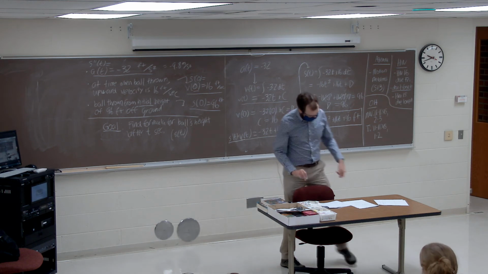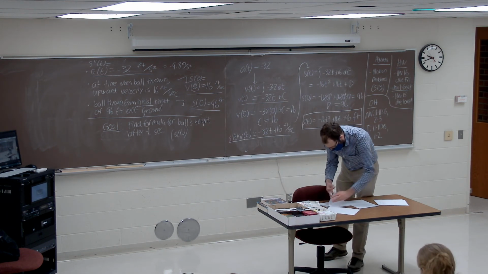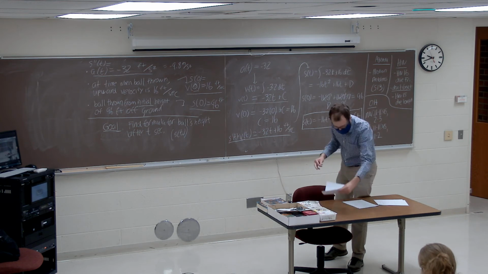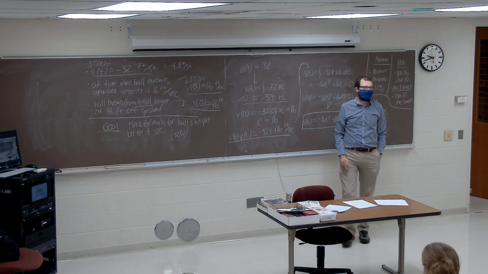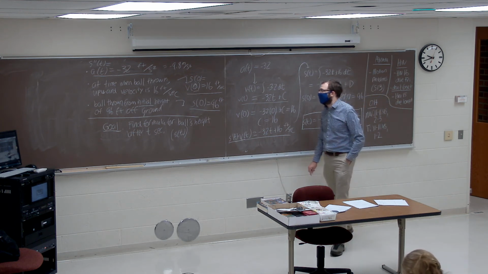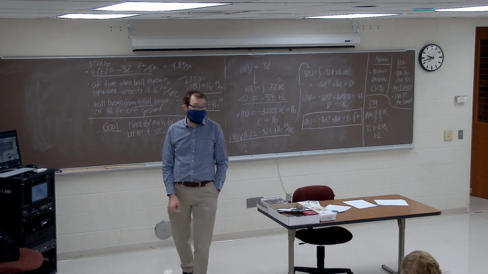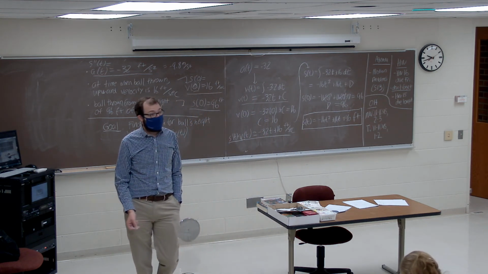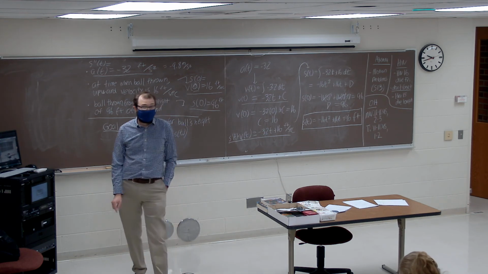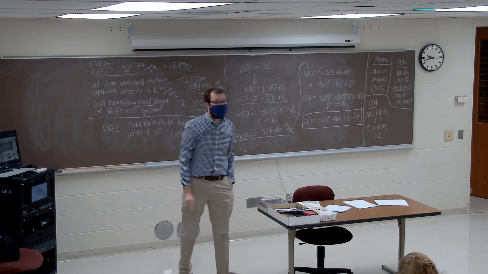Follow-up question. Back to the right page in the packet. How long does it take for the ball to hit the ground? How would we answer that? Now that we know what our A of t, V of t, and S of t are, how can we find the point in time, the value of t, at which our ball hits the floor?